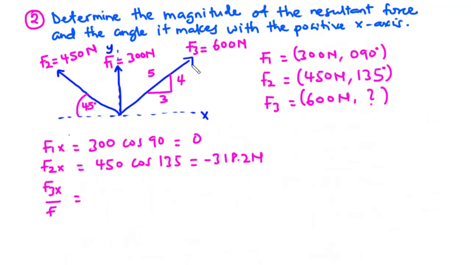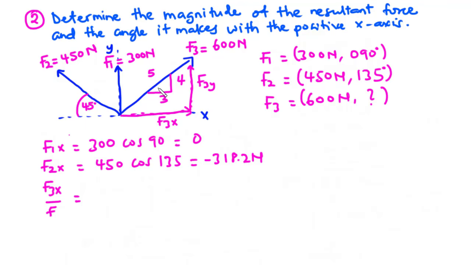Now for F3x, let's draw F3x and then F3y. So this is the force F3, this is going to be the y component, and this is going to be the x component. Here we don't have the angle, so we are going to use the small slope triangle.